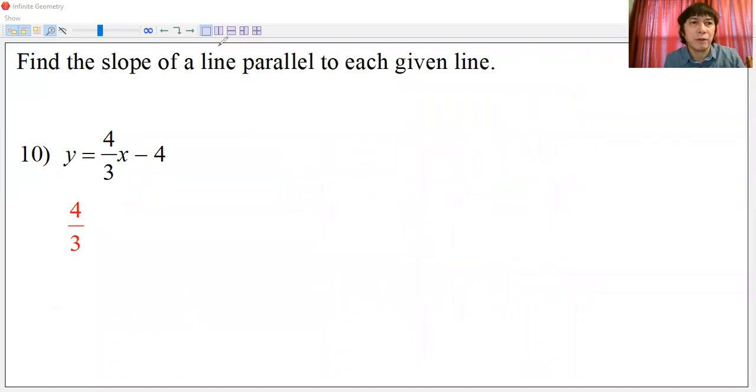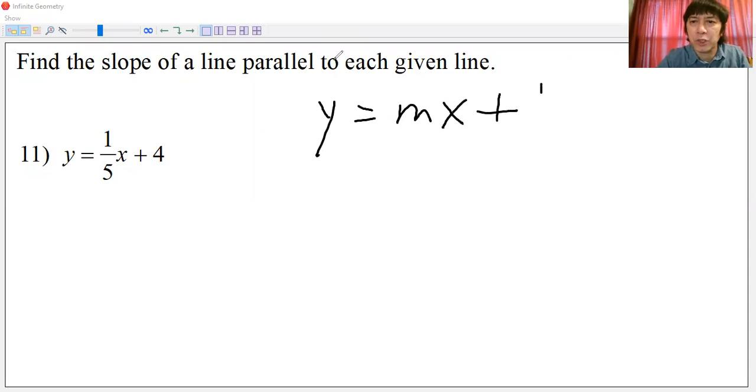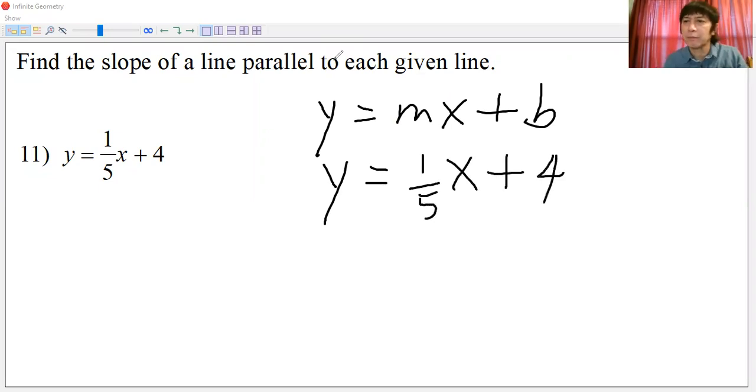Let's have number 11. Okay, here's number 11. I think you know the answer, but we will still give the solution just the same. We will start with the formula and compare it. This is the slope-intercept form, and the given equation is very much comparable to the form there.